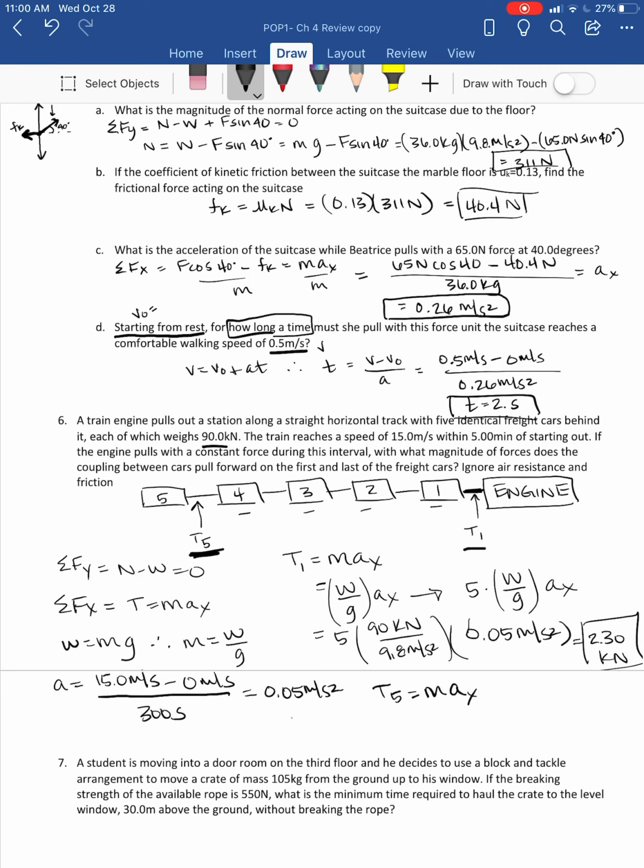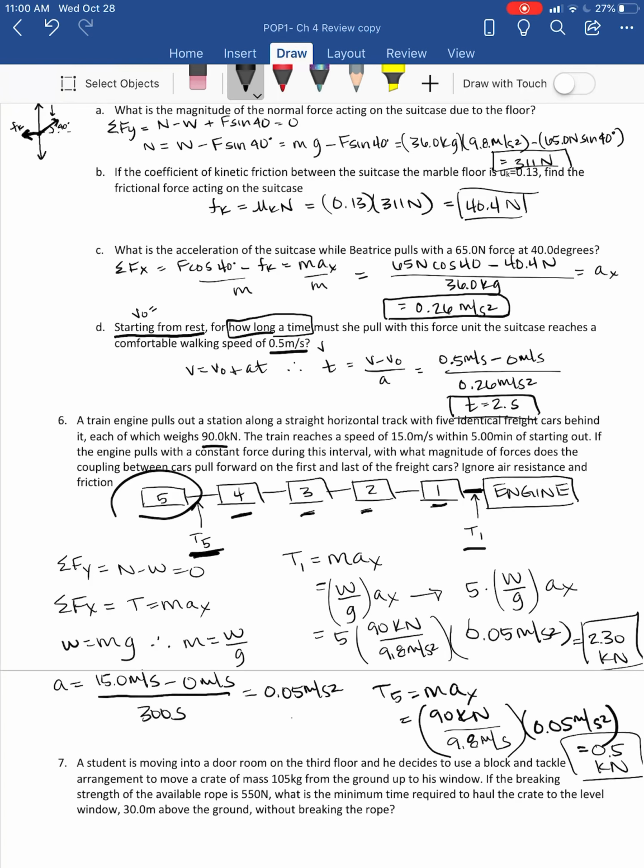Is it having to pull all 5 of these cars? Well, no, it's having to pull just this one. So it's just 90 kilonewtons, you don't multiply by the 5 then. And you should end up with 0.5 kilonewtons, I believe.